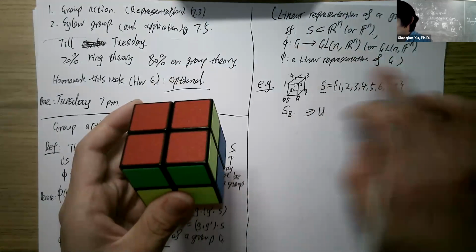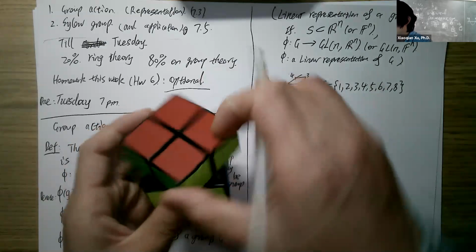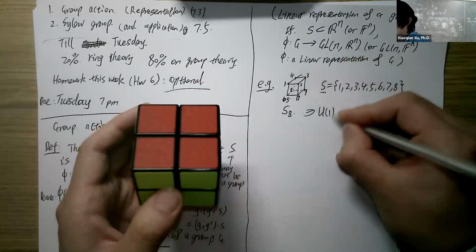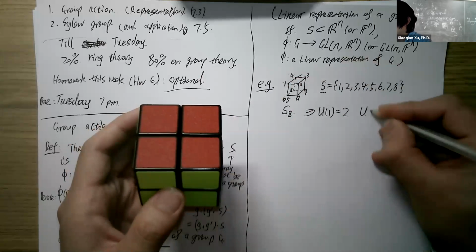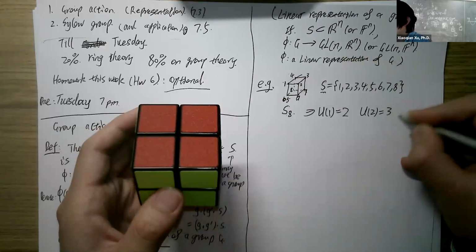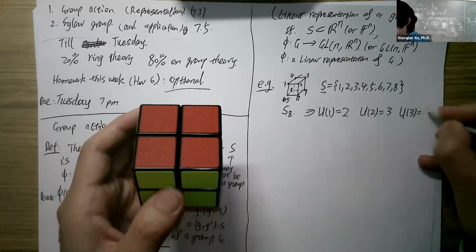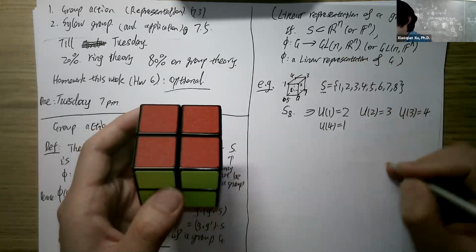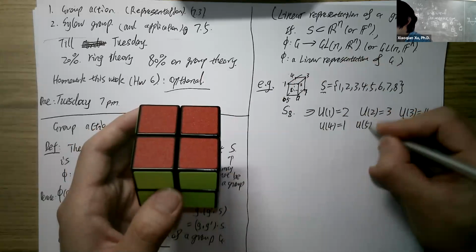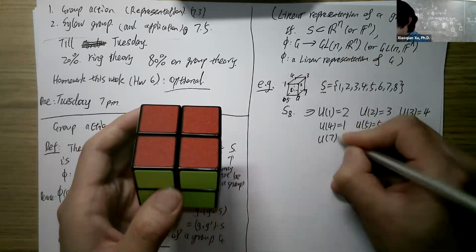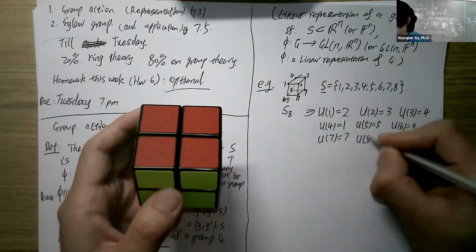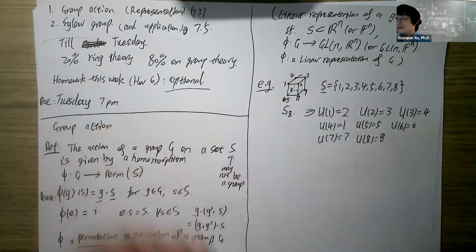Well, it can act as below. U1 maps to 2, U2 maps to 3, U3 maps to 4, U4 maps to 1, and U5 equals 5, U6 equals 6, U7 equals 7, U8 equals 8, right?